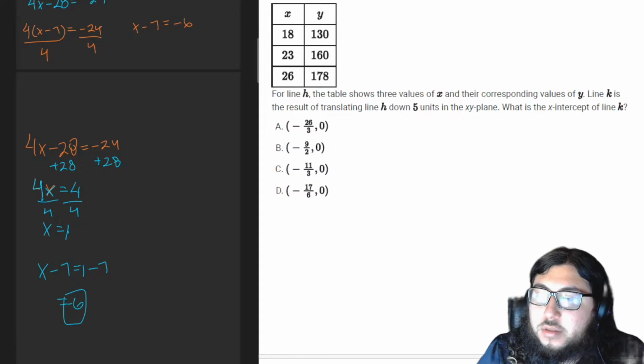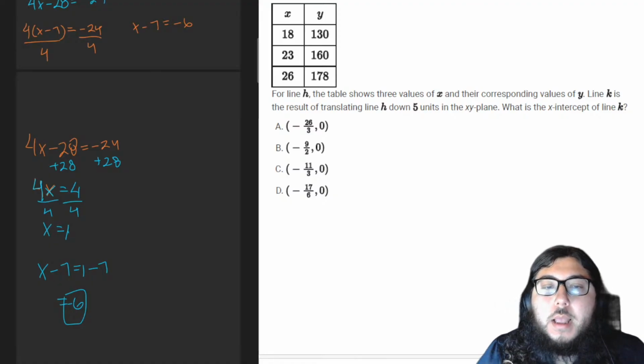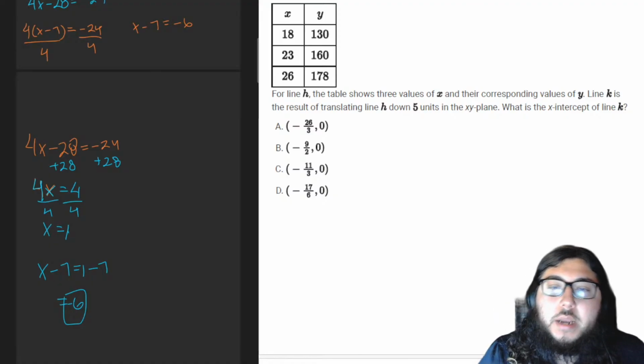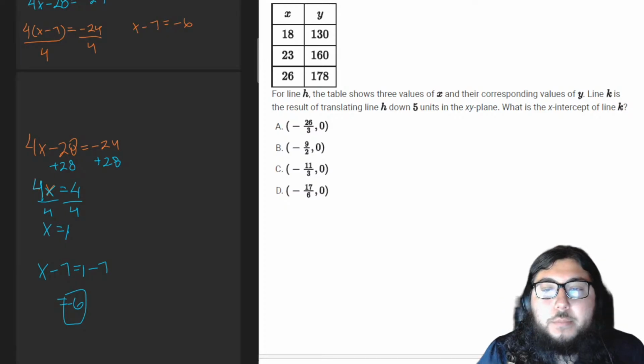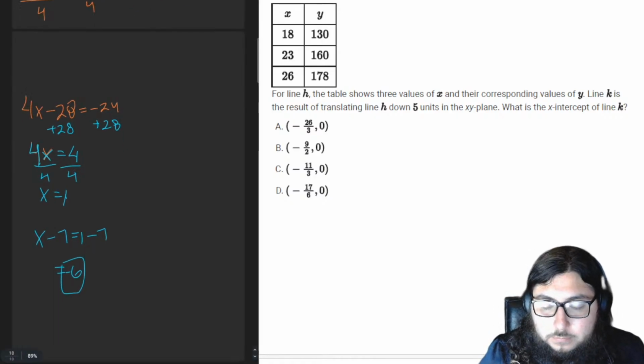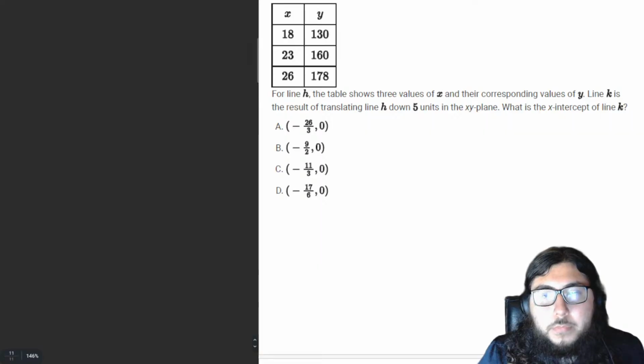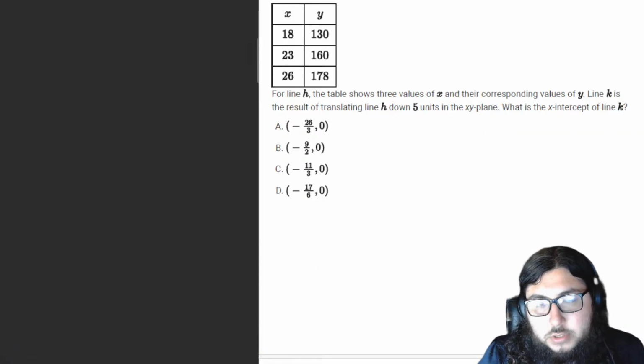For line H, the table shows 3 values of x and their corresponding values of y. Line K is the result of translating line H down 5 units in the xy plane. What is the x-intercept of line K? So to do this, we're going to have to come up with an equation of y equals mx plus b, slope-intercept form, for this line H. We can take any 2 points to be x2, y2 and x1, y1.